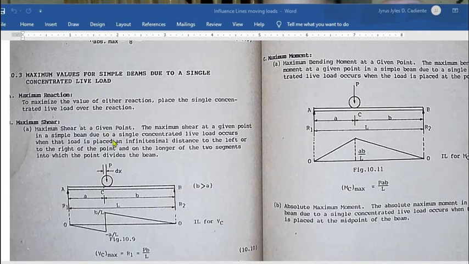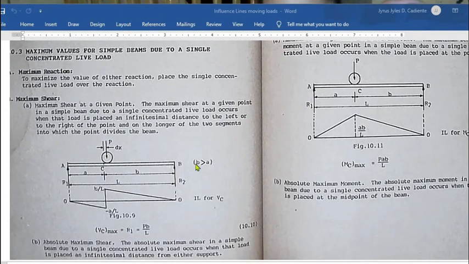So dito, ang ating given point is yung letter C. The maximum shear at a given point in a simple beam due to a single concentrated live load occurs when the load is placed an infinitesimal distance to the left or to the right of the point and on the longer of the two segments into which the point divides the beam.